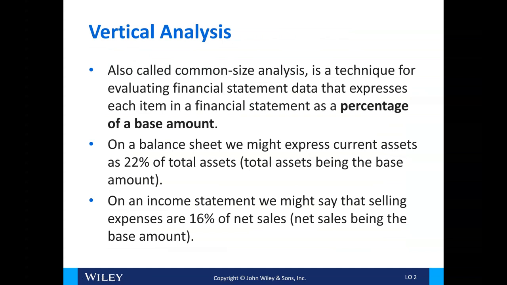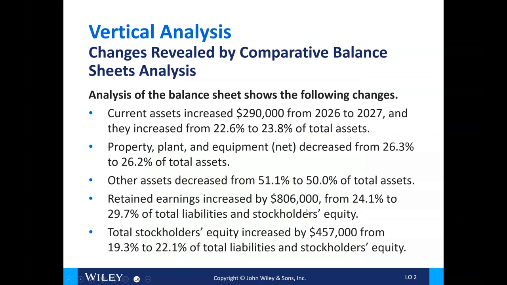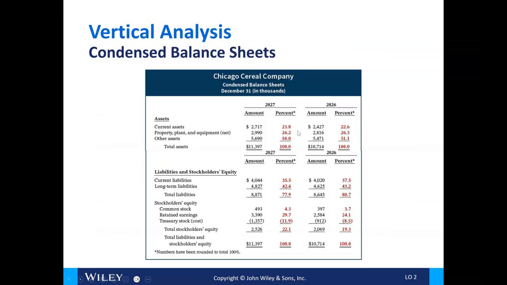Vertical analysis, again, we're just looking at percentage of base amount, and it's going to be percentage of sales. Okay, this is going to be percentage of assets. So 23.8% of our assets are current, other assets are 50%. And it really just depends on your mix. You would just kind of look and go, okay, look at the percentages here.